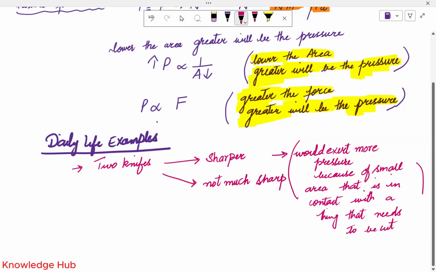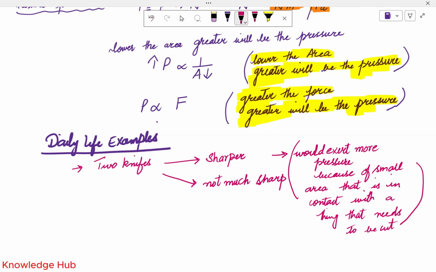So a sharper knife is exerting more pressure. The reason is quite simple: because of its smaller area in contact with the thing that needs to be cut. So smaller area would exert more pressure.